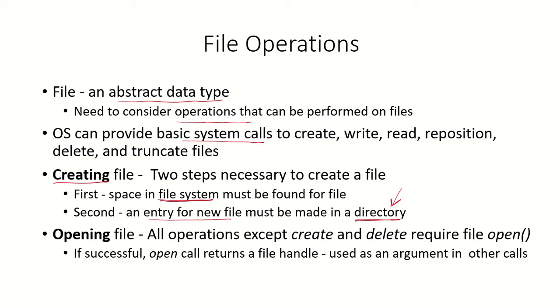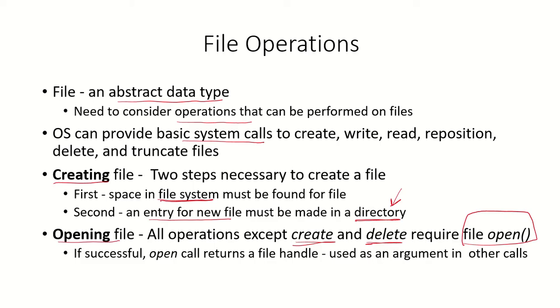After the file has been created, we can perform other operations on it, like opening the file. For all operations, whether it is a read, write or reposition operation, we will first require to open the file. Create and delete are the only two operations which do not require the file to be opened.